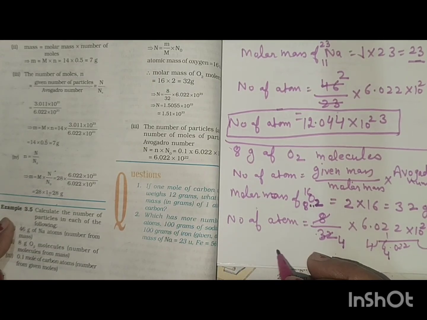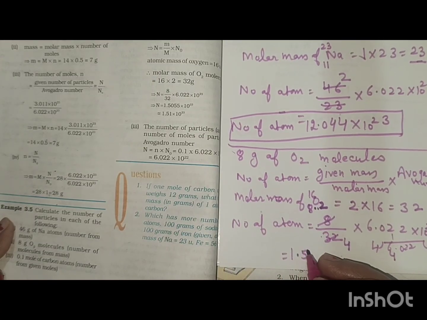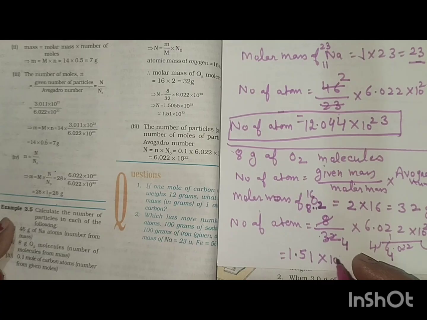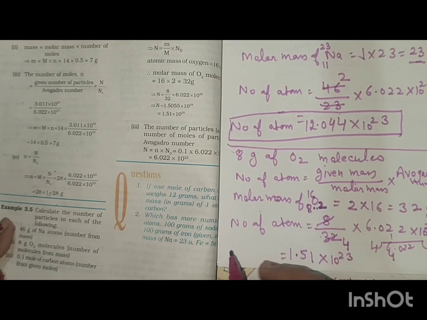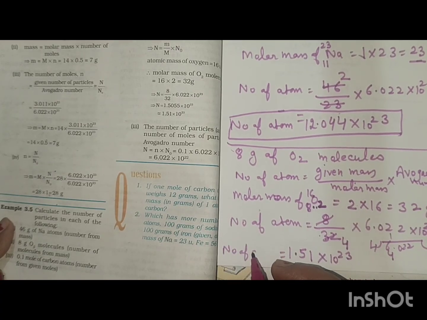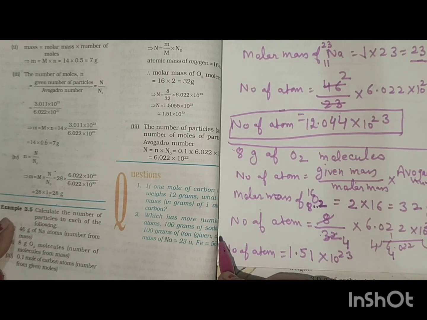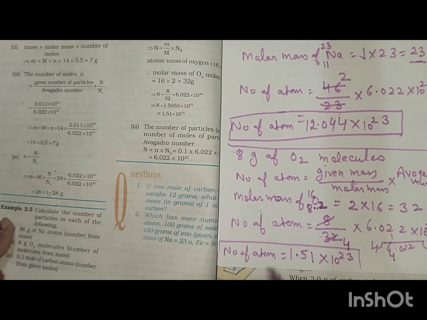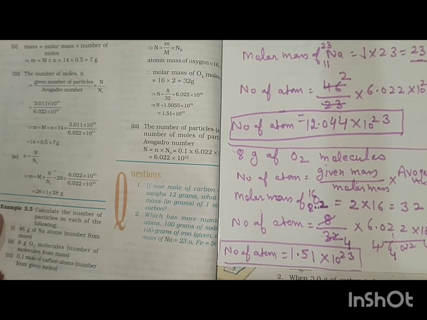Then it will become near about 1.51 into 10 raised to power 23 number of atoms in oxygen molecule.